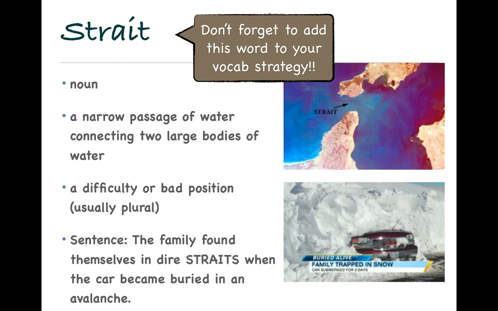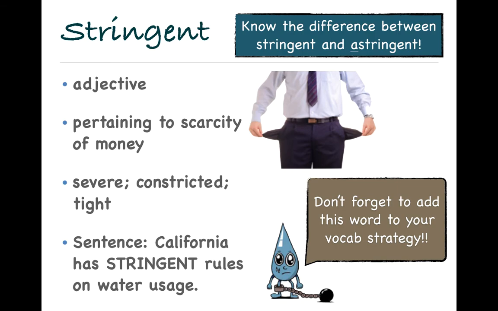The final word for lesson 6 is very similar to the last word we looked at. Instead of astringent, it's just stringent, no A. And so I made a little note there for you to make sure you know the difference between stringent and astringent, because the definitions are very similar, but you do need to know when to use one versus the other and how the definitions vary.